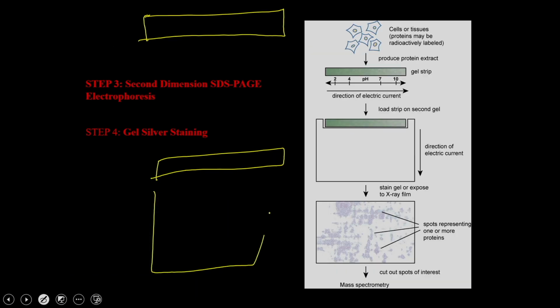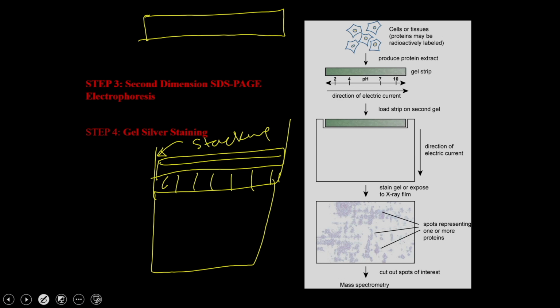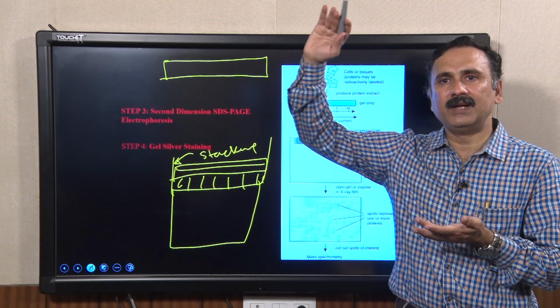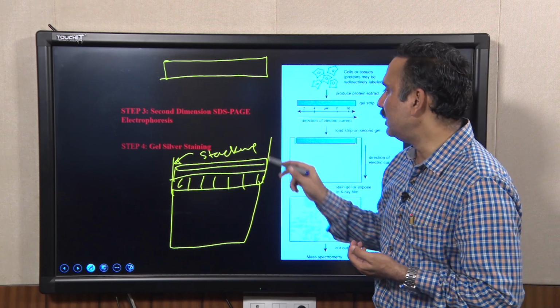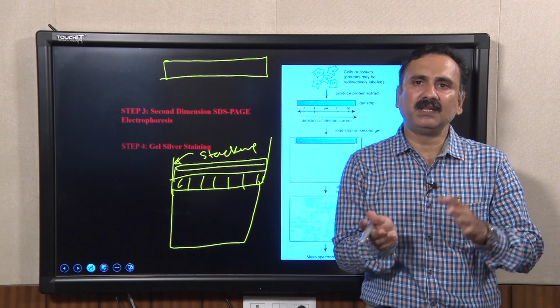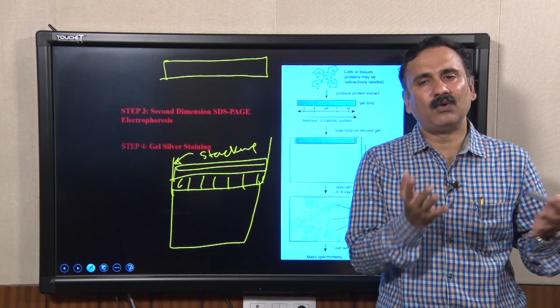First you cast the resolving gel and you put your strip, and then you pour the stacking gel, and because of that you are going to seal the difference between the IPG strip as well as the SDS-PAGE, and then it becomes one continuous gel, and then you are going to perform the second dimension SDS-PAGE as we discussed when we were discussing the vertical gel electrophoresis.